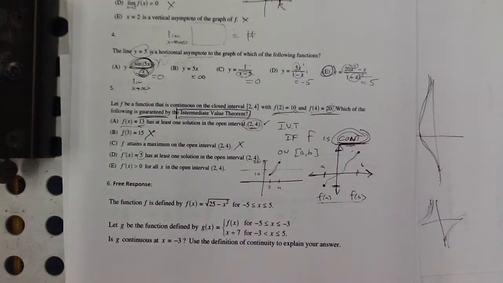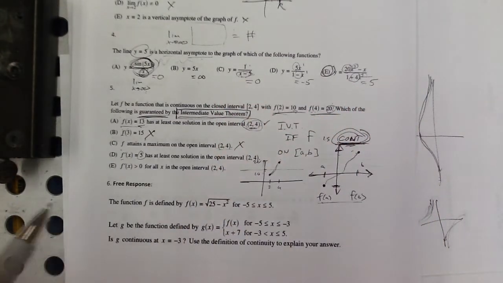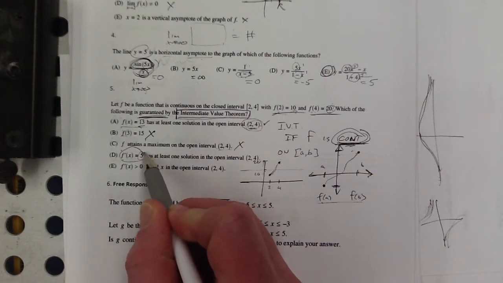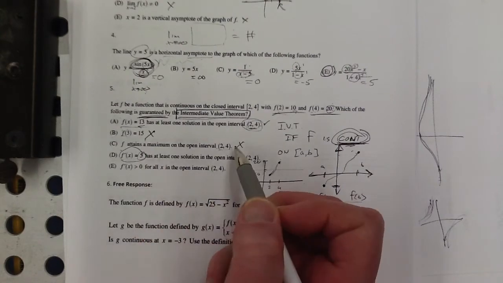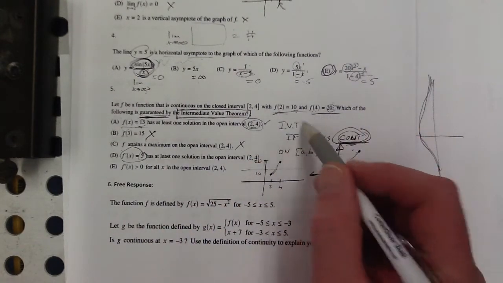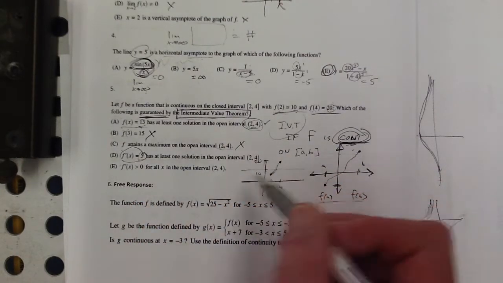But there's something coming up in chapter 5, section 5.7 maybe, called the mean value theorem, that says if you find the average slope and a function is differentiable, like no sharp corners, then you have to hit the average slope somewhere.